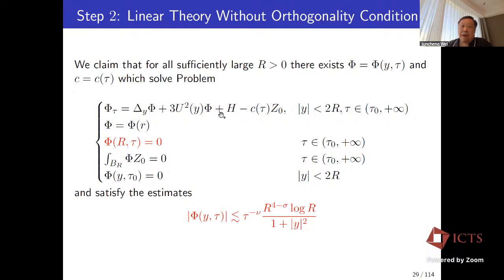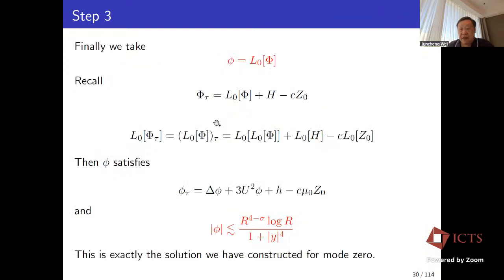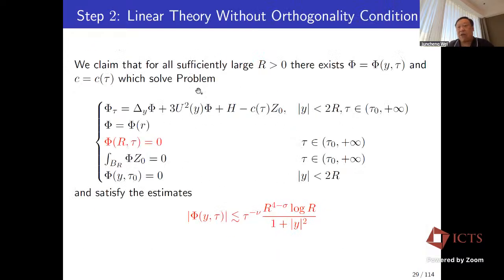Now this big H, we don't assume any orthogonality, and this big H is actually only slow decay. So this theory we call a linear theory without orthogonality condition.